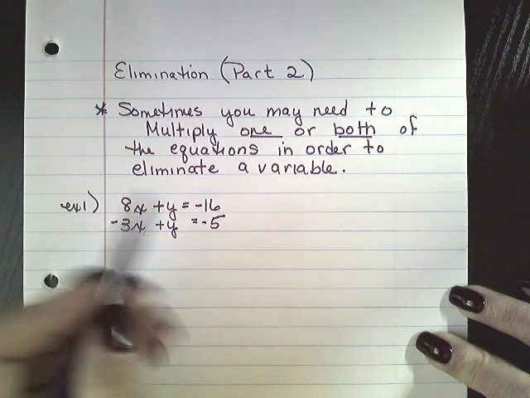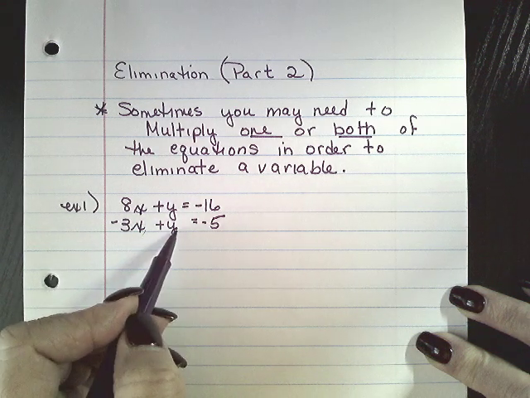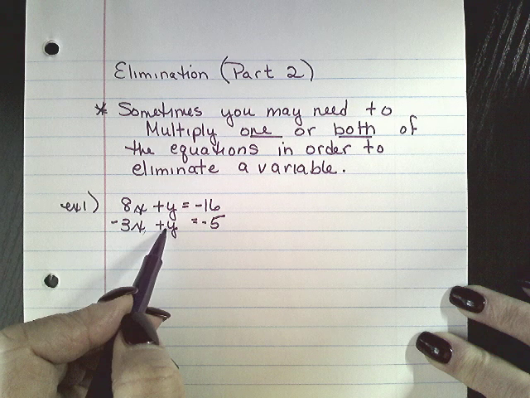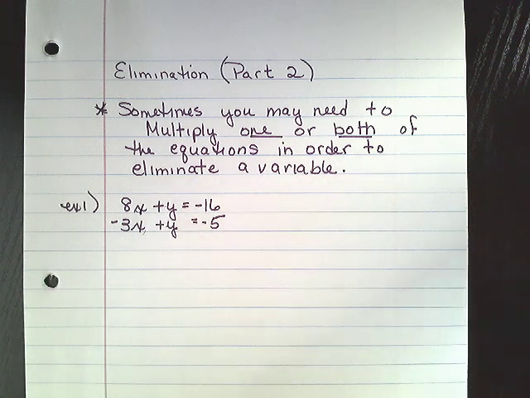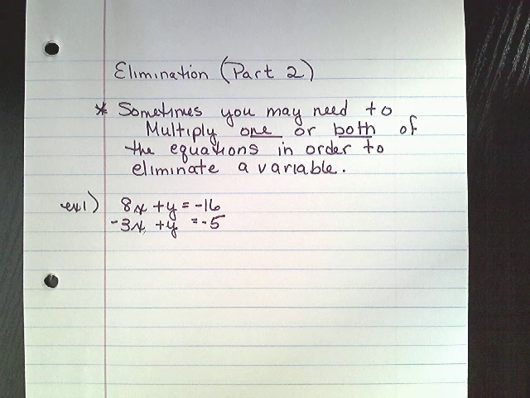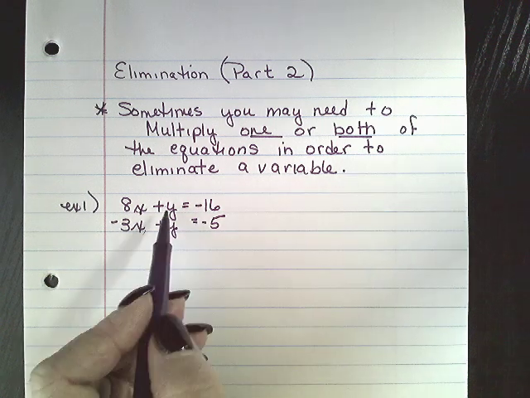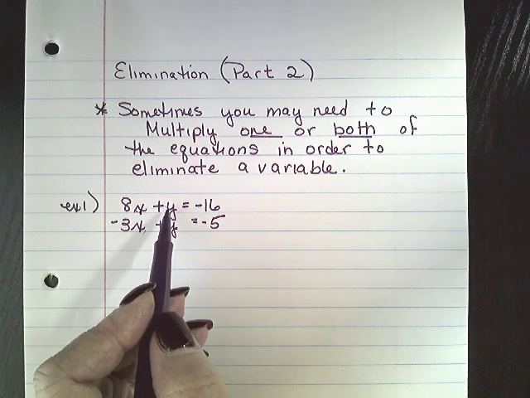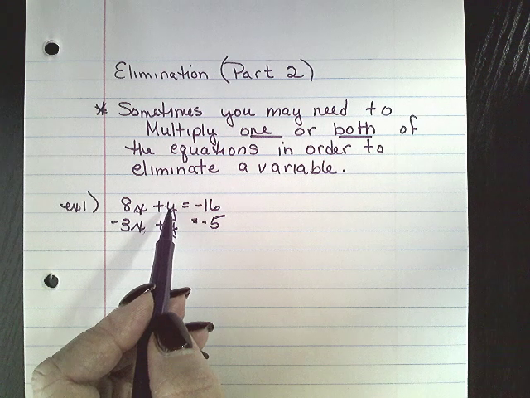However, if I look at my other variable, my y, they both have a 1 and they're both positive. So I just need to make one of those negative in order to be able to eliminate it. So I'm just going to choose my first equation. How can I make a positive 1 a negative 1? By multiplying.